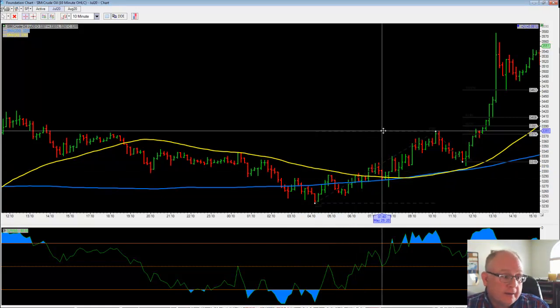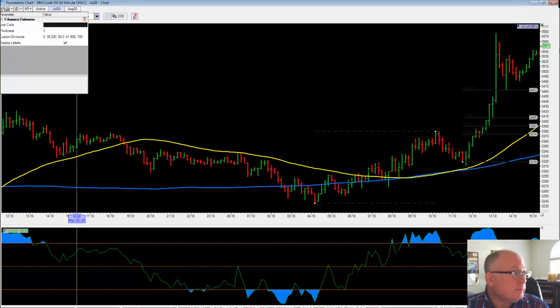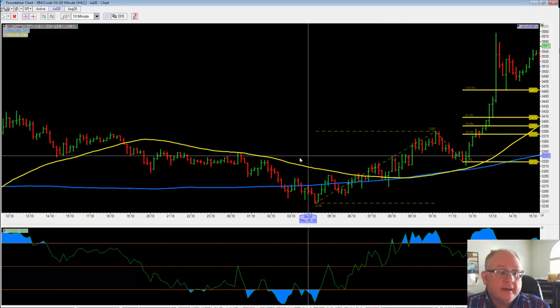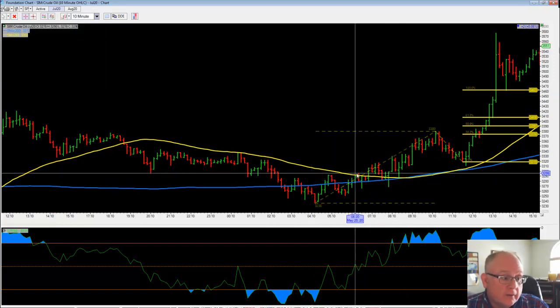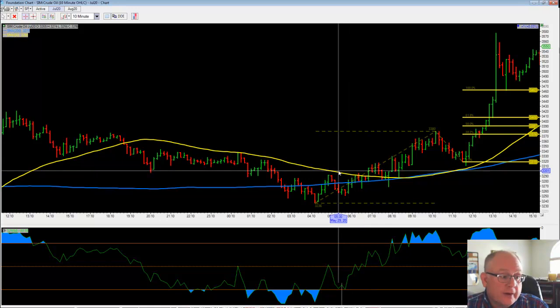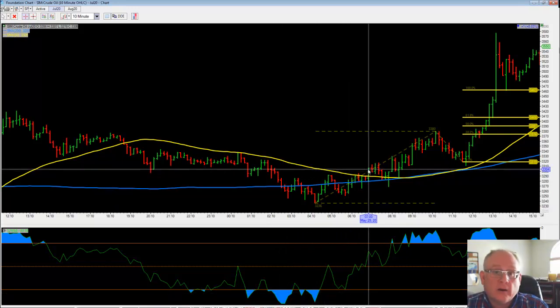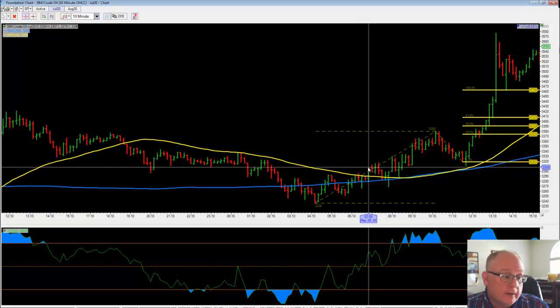Let's say we got in right at the crossover here. Let me make this yellow. So let's say that we got into the crossover right here. This is where we would have found value. We see the divergence set up, and now we just need to cross over the 50 bar at this point.